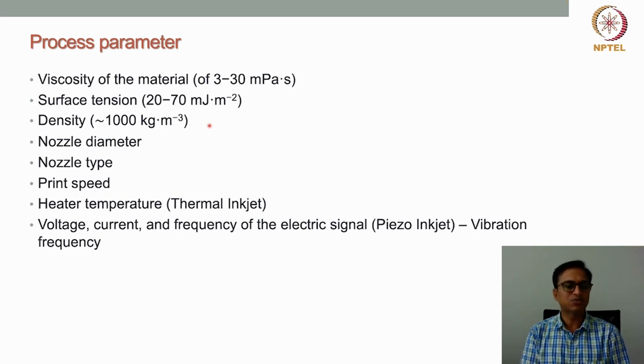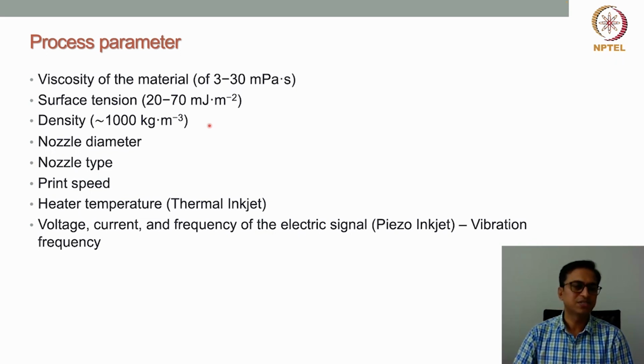So to prevent the nozzle clogging, the nozzle diameter is generally kept around 50 micron. It is not kept below that. But nozzle diameter is an important process parameter, and we can change the nozzle diameter, and we can produce different size droplets.